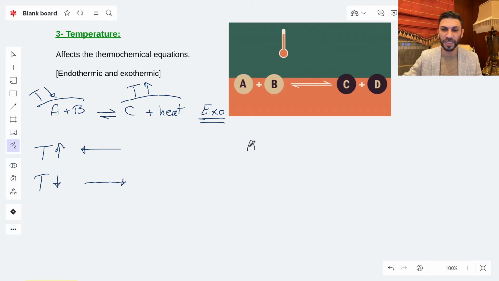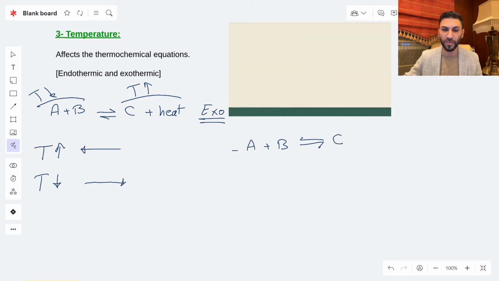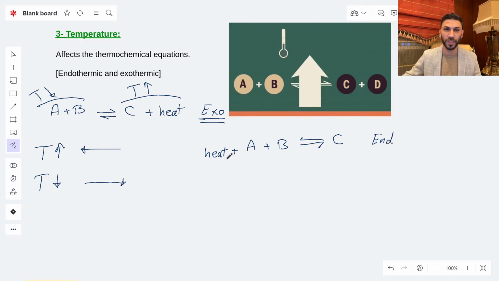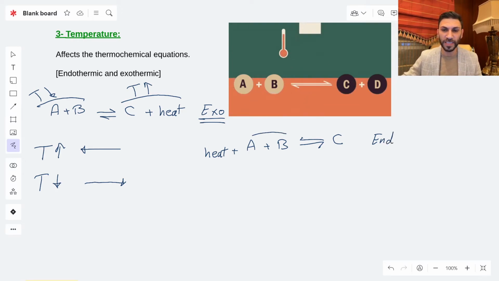What if we have this chemical reaction, A plus B, reversible reaction, yields to C, and we have the heat here? In this case, this chemical reaction will be an endothermic reaction because it absorbs the heat. That means the temperature at the reactant is high and the temperature at the product is low.